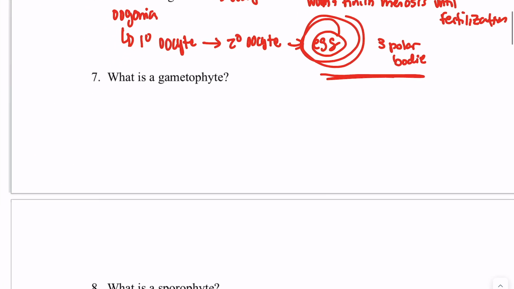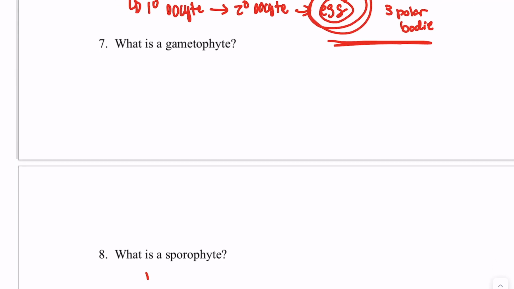Alright, so for number 7 and 8, this is dealing with plants. And plants are a little weird because they can skip generations of being haploid and diploid. So our gametophyte is our haploid generation.